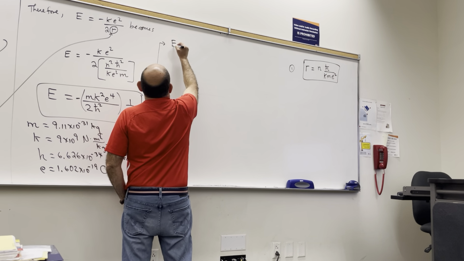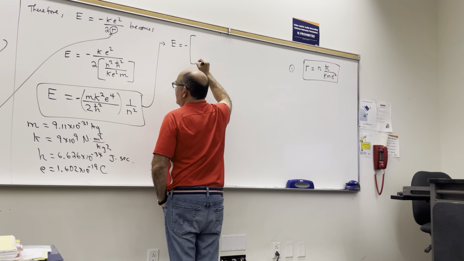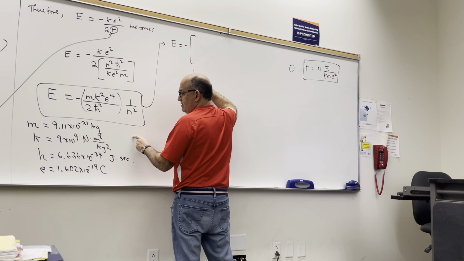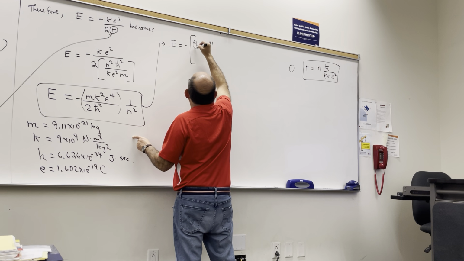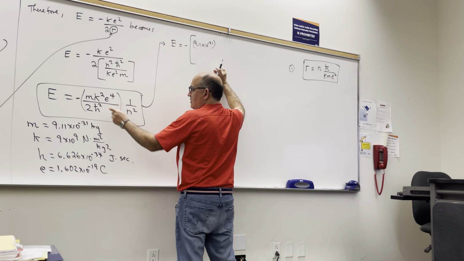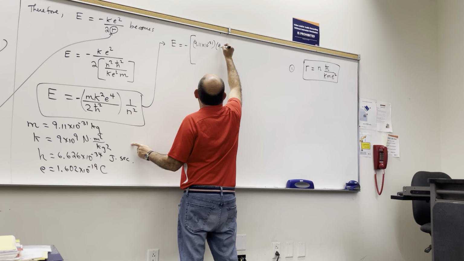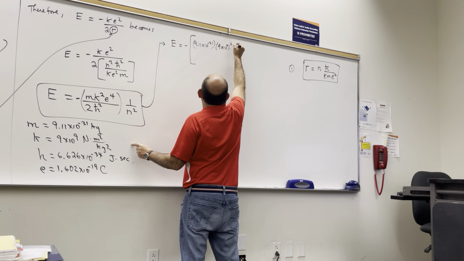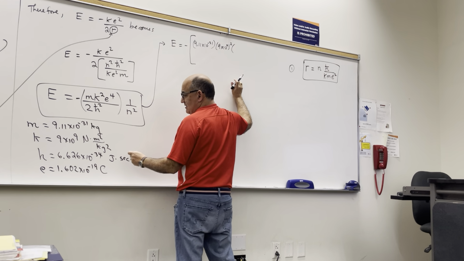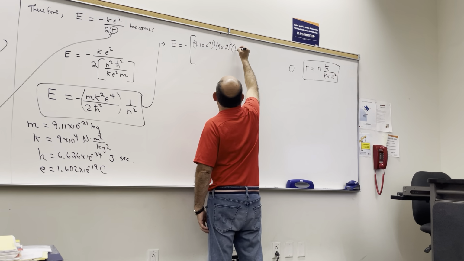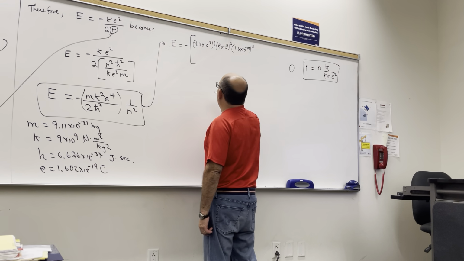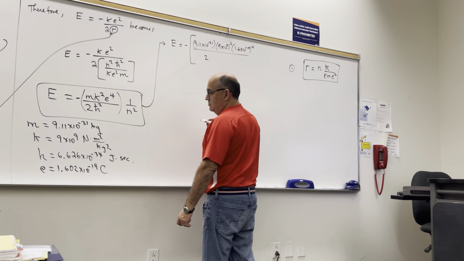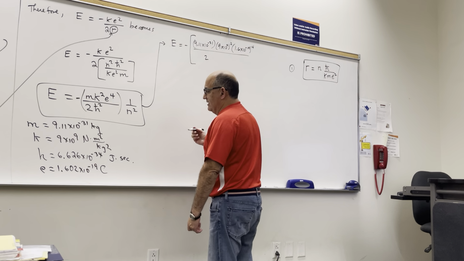So the energy of the electron will be minus, and then we have this bunch of numbers here. 9.11, this is good to do once in your life, times 10 to the minus 31. Coulomb's constant is 9 times 10 to the 9th, squared. The electron charge is 1.6 times 10 to the minus 19, and we have to raise that to the 4th power, divided by 2, and h bar is h over 2 pi, right?